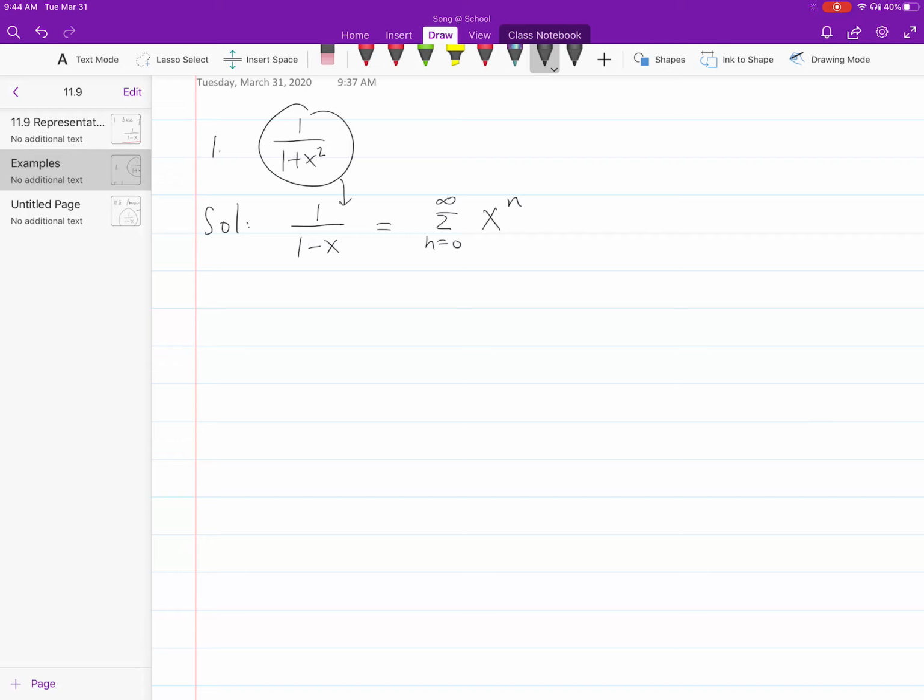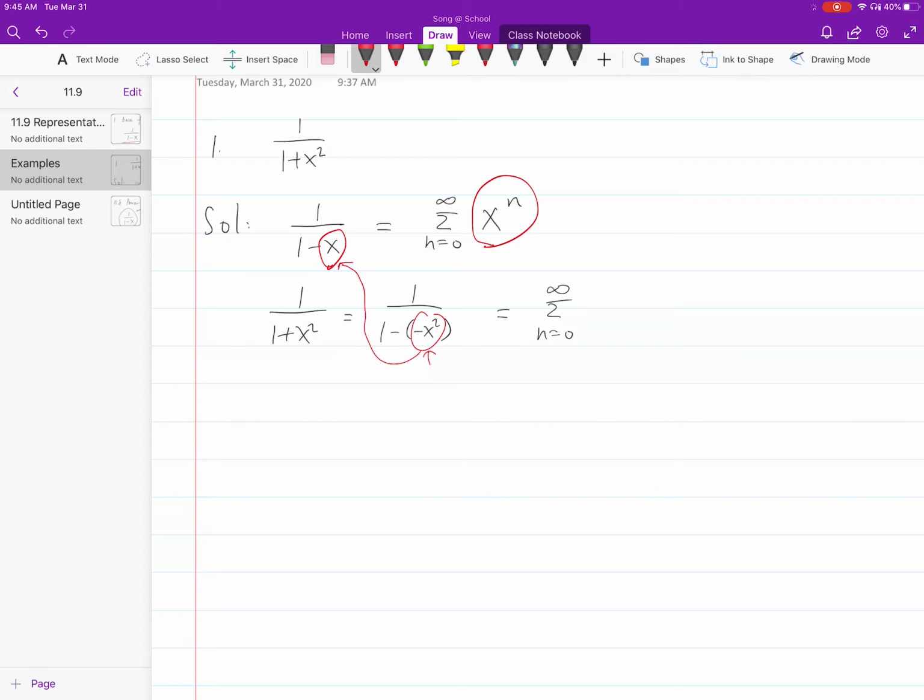So what you can do is use the formula we just wrote down, but plug in this to be your x. Look at the difference. If you put x here, you get this formula. If you put negative x squared here, you simply plug this into the formula. That will be the answer.